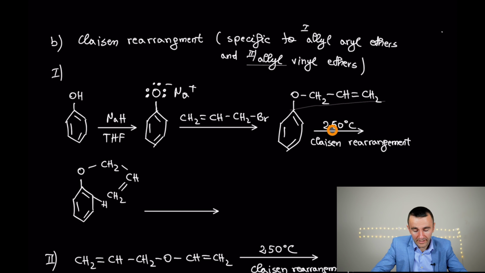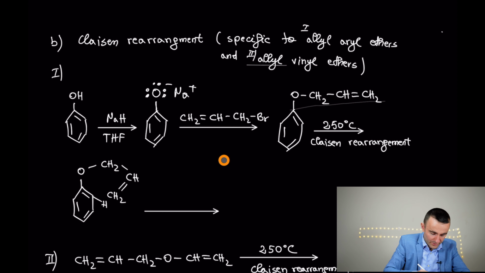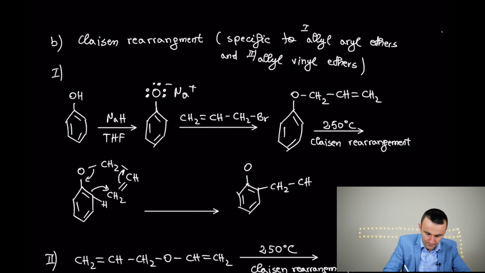And if you treat that at 250 degrees Celsius, you're going to have a rearrangement and the formation of this compound. This is going to attack here, this is going to move here, and this is going to move here, and the final product is going to be this one. Right? So you're going to have the formation of this product.